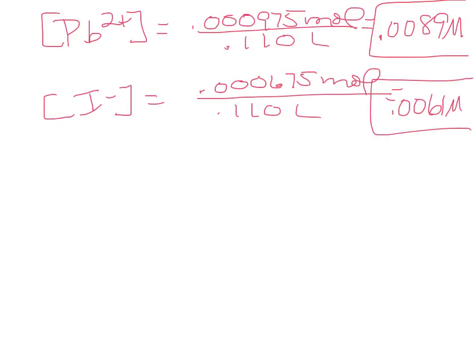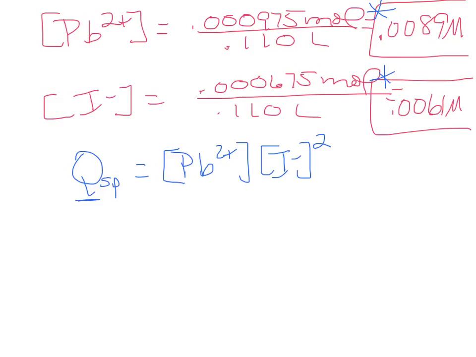Right? What do I do with those? I plug those back into the Ksp expression. I'm going to call this Qsp because I don't know that I'm in equilibrium. Anytime you're not sure if you're at equilibrium, you call it Q instead of K, and then you compare the value you get to the known Ksp. So the Qsp expression looks like this.